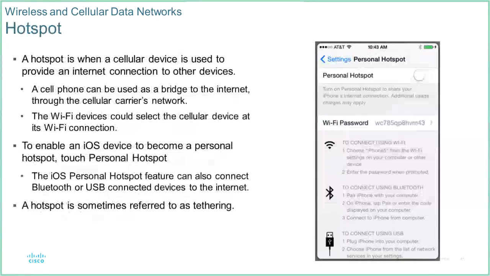Hotspotting is where we bridge our mobile to another device. Now we can do that via Wi-Fi if we're doing a Wi-Fi and mobile service, or we can tether it and provide the same hotspotting through tethering.